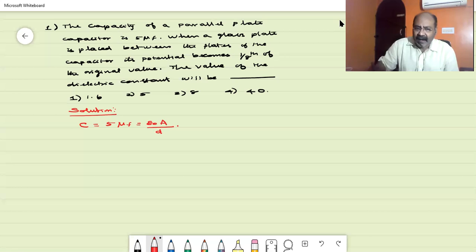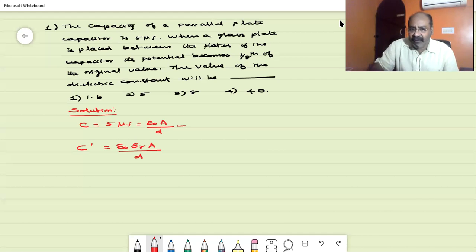So what is the concept when a dielectric is introduced? Let us consider the new capacitance as C dash. C dash is then given by epsilon 0 into epsilon r into A divided by D, where epsilon r is considered to be the dielectric constant.